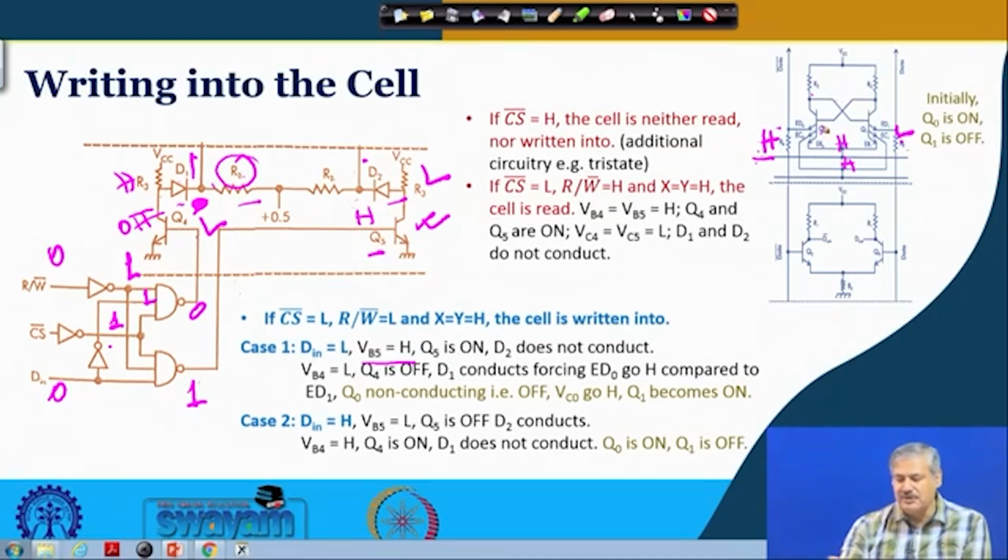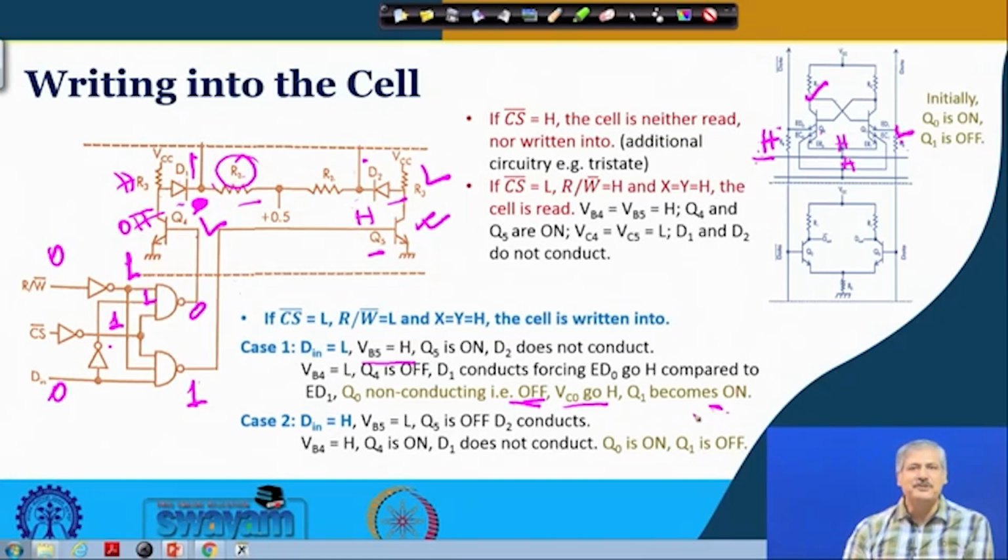So, Q0 now will go off, will become non-conducting. So, Vc0, this voltage will go high, which will make Q1 on. Okay. So, Q0 which was on now becomes off, and Q1 becomes on.